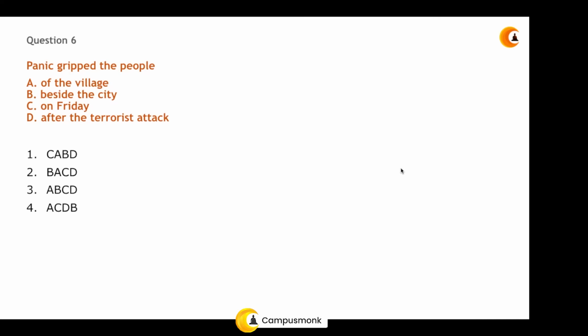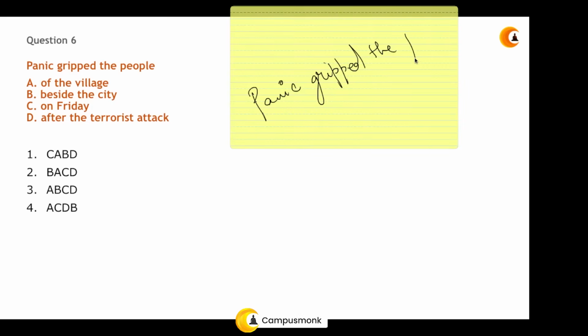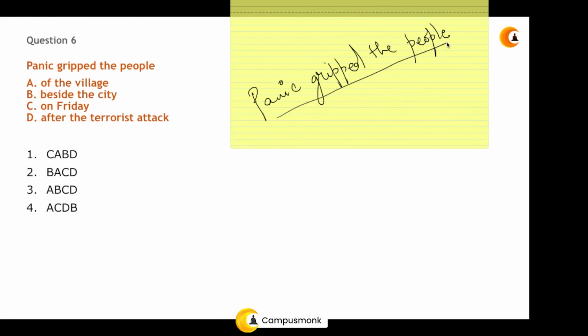Now see, the statement started with panic gripped the people, right? This is what it started with. Now the moment you listen to this statement, the panic gripped the people, what will you say? Of where? Kahan pe? That is your question. Your answer will be of the village.